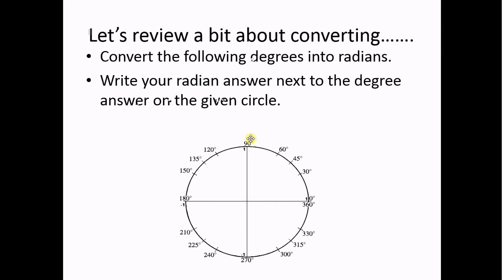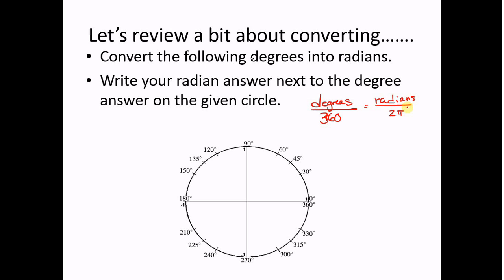So let's review a bit about converting between degrees into radians. If you remember, when you're writing degrees to radians, you're going to go degrees over 360 equals the radians over 2 pi. Now, you're going to be able to change every single one of these.